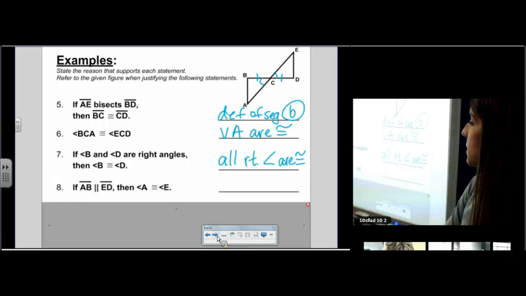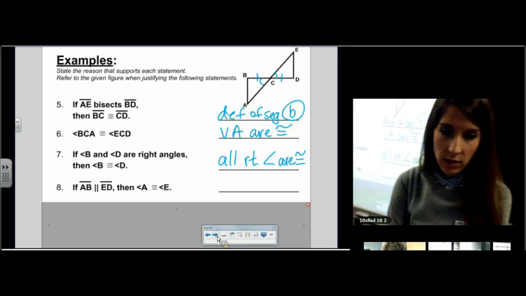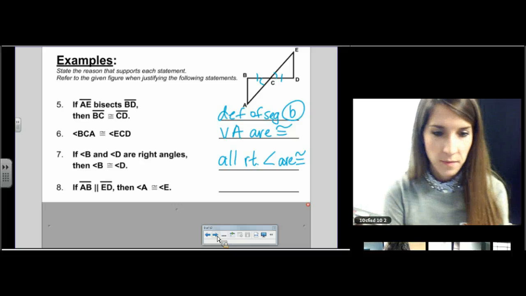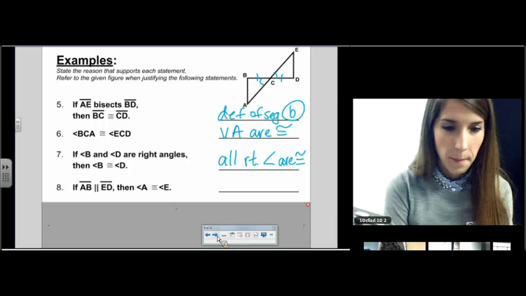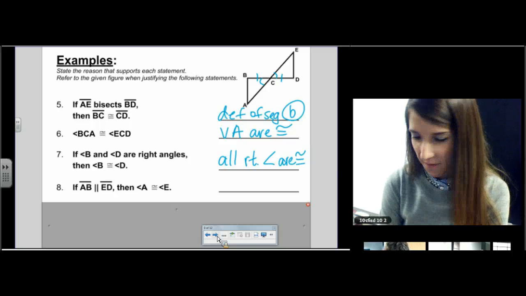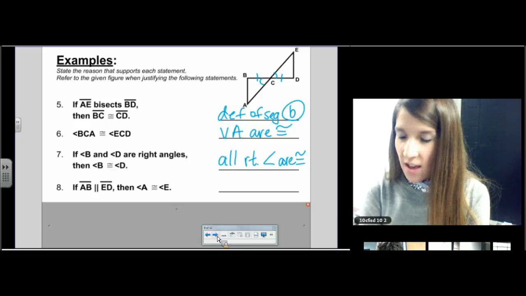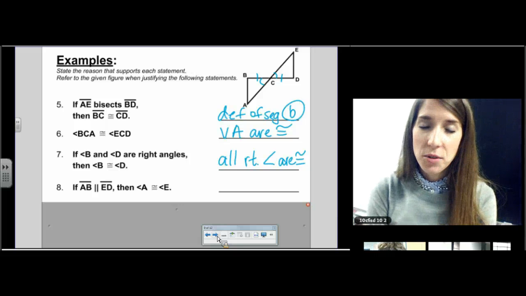If AB is parallel to ED, then angle A is congruent to angle E. Good job. The good thing about this is they gave us shorthand notation.